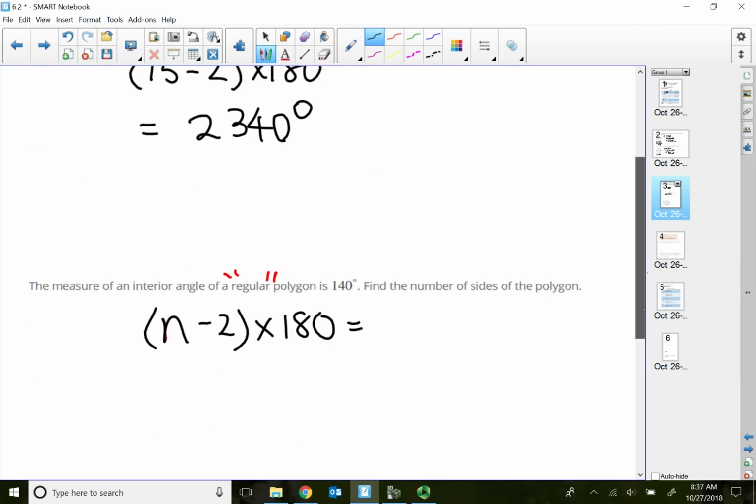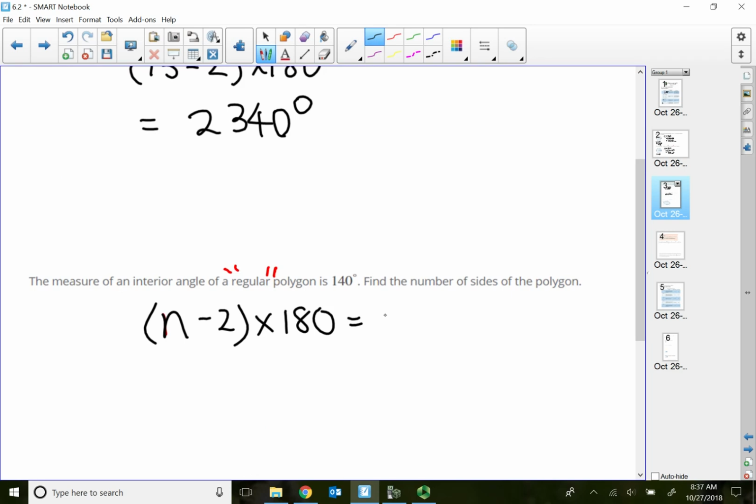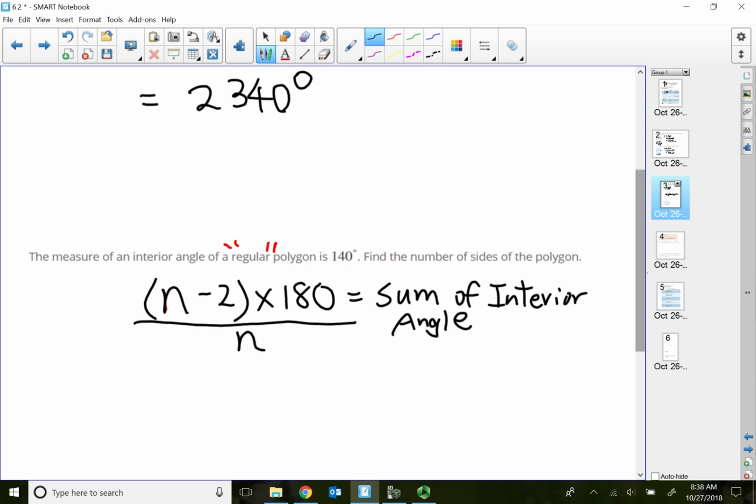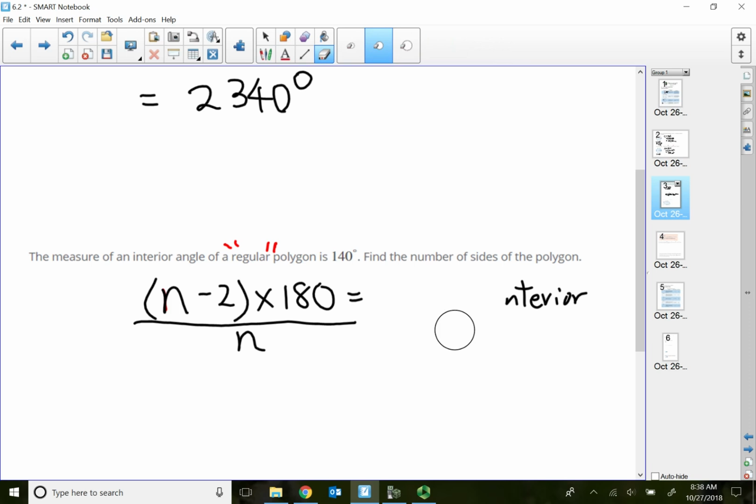This formula gives me the sum of interior angles, and this 140 represents one interior angle. So if I know the sum of the interior angles, then to find one of them, I just divide by the number of sides I have. Dividing by the number of sides gives me each interior angle.